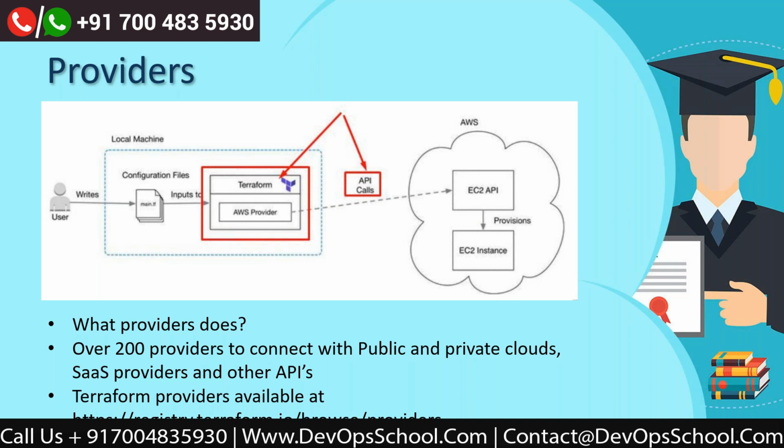Now when we say Terraform init and we provide the credentials for that particular environment like AWS or Azure, this provider goes ahead and connects with that environment. It calls the API for the resource which you want to create. If you want to create an EC2 resource, it will call that API using the AWS provider, and as a result, that resource will be created in that environment.